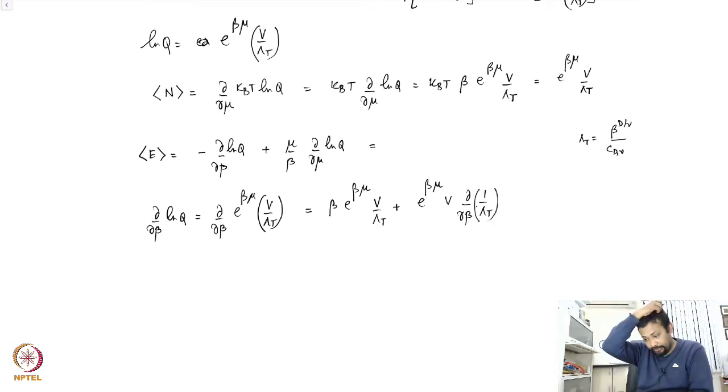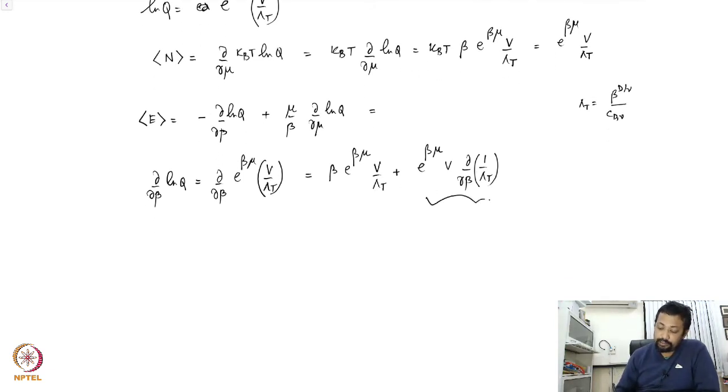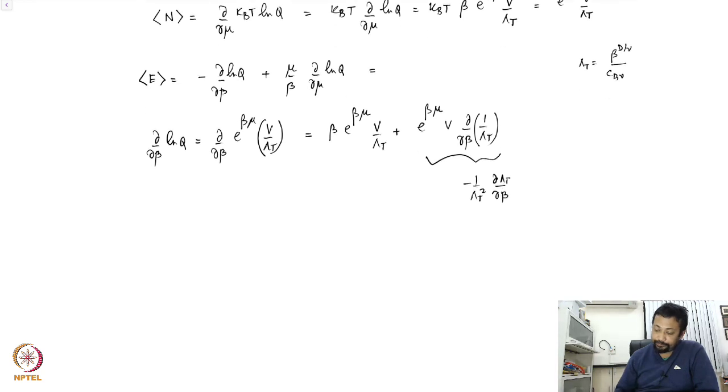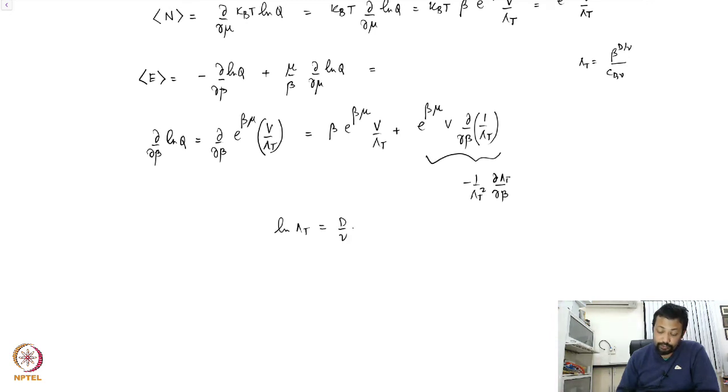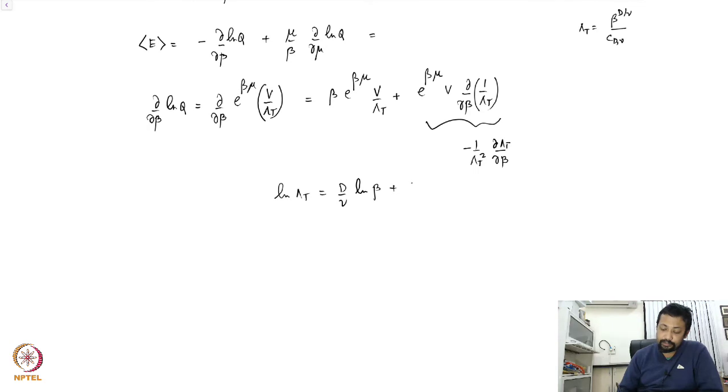Now del beta of 1 over lambda_t is the one which we have to carefully do. This derivative is minus 1 over lambda_t squared del lambda_t del beta. Log lambda_t is going to be d over nu ln beta plus a constant which we are not worried about.